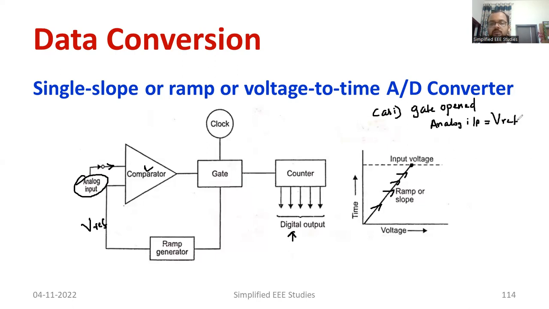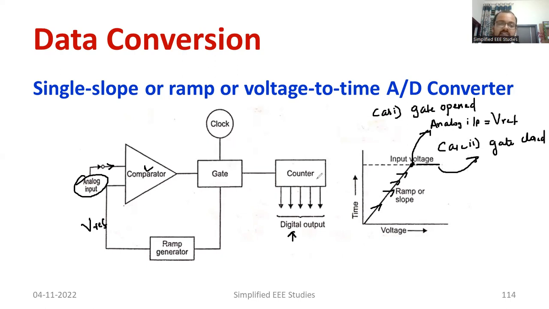I think you got my point. Until then the gate will be opened. Second case: the gate is closed. Once the analog input is equal to V reference, the gate will be closed. Till this point the gate is open, and afterwards the gate will be closed.